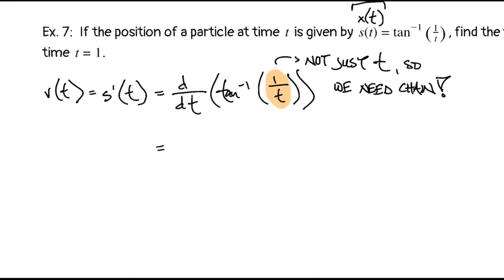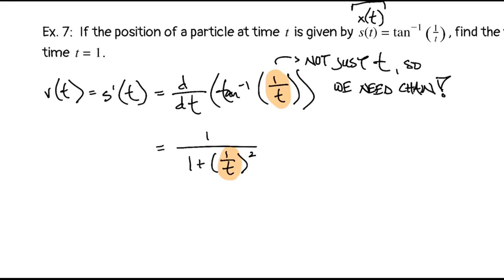So we're gonna take the derivative of the outside, and inverse tangent is gonna be 1 over 1 plus something squared. What goes inside the parentheses? Good, 1 over t, right? So whatever was that orange blob, or whatever you use for that inside function, that stays for the derivative of the outside function.